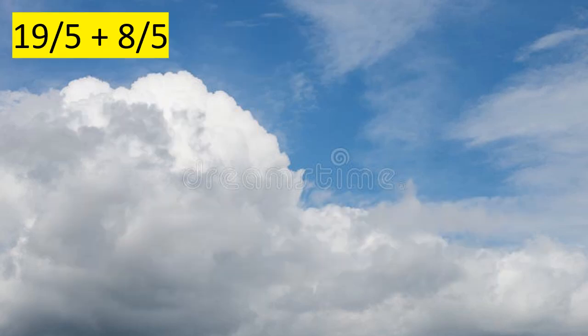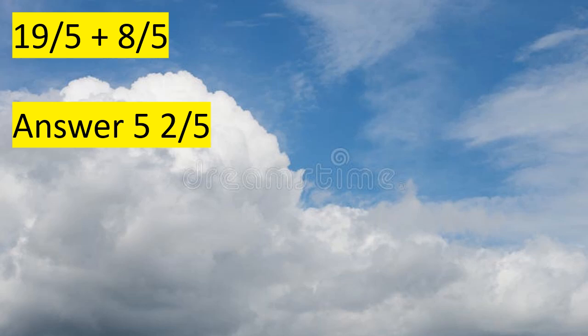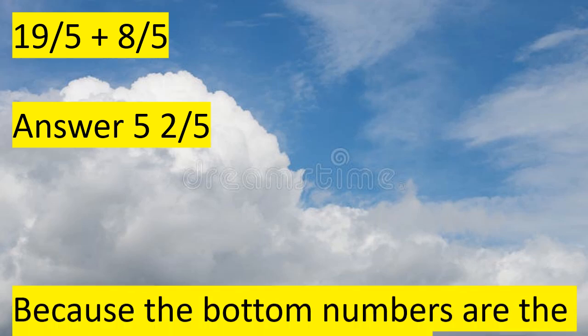So the next one is 19 by 5 plus 8 by 5. And the answer for that one is 5 and 2 by 5. So let's just go through that.